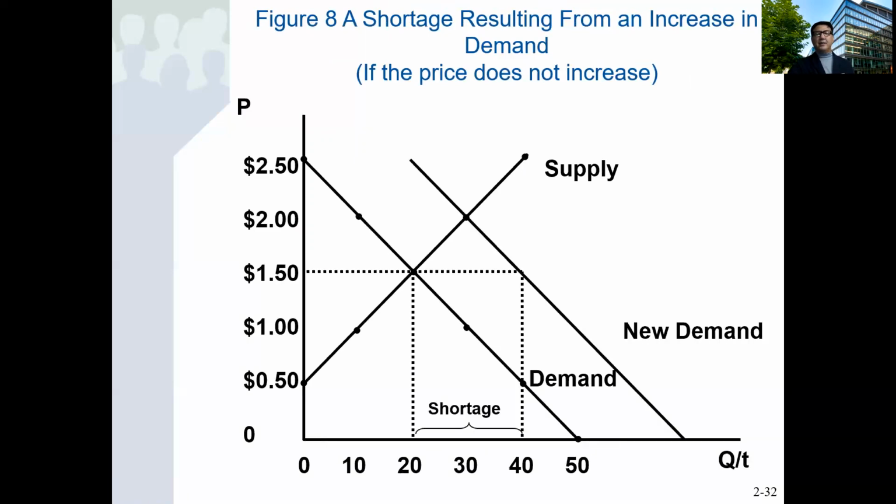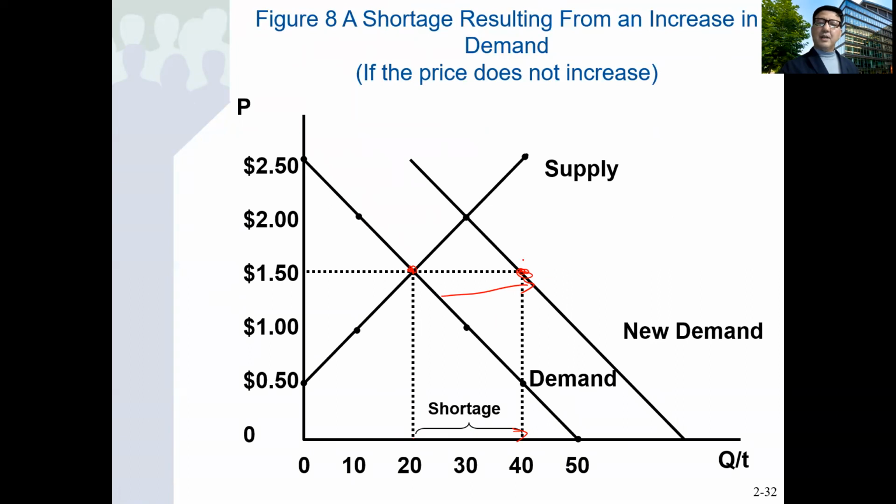Okay, so basically, let's say you had a new demand, right? You have a new demand that goes from here to here. Okay, now the difference between this point and this point right here, there's a shortage, right? So the supplier will probably try to produce more stuff, right?